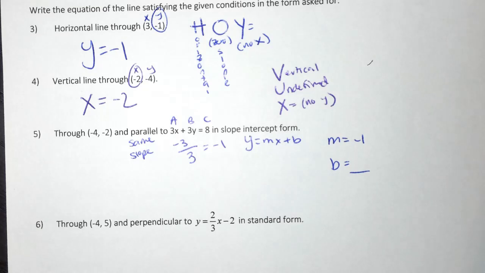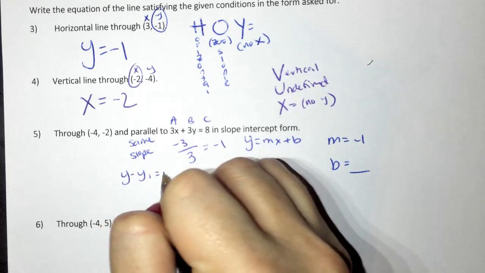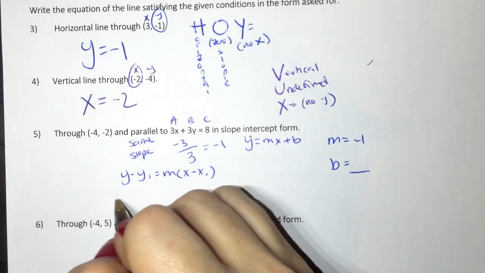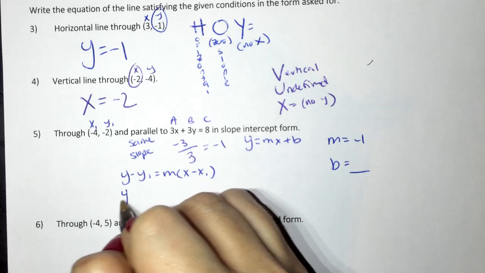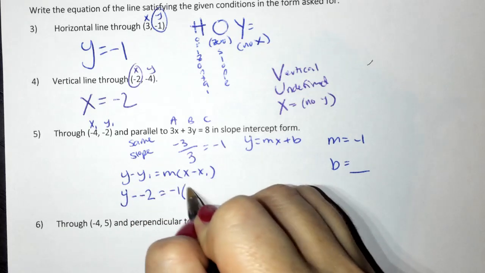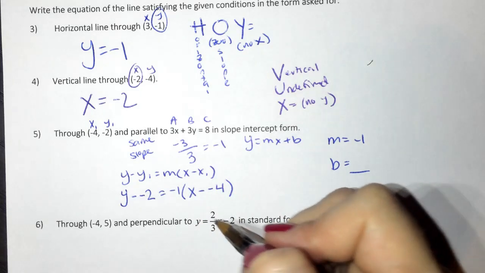So I'm going to use what I do know. I know a point and I know my slope. So I'm going to use point slope form. So y minus y1 equals m times x minus x1, and I'm going to solve for y. So this is my x1, y1. So I have y minus -2 equals -1 times x minus -4. Well, this gives me broken plus signs.